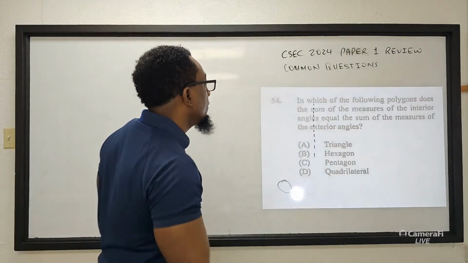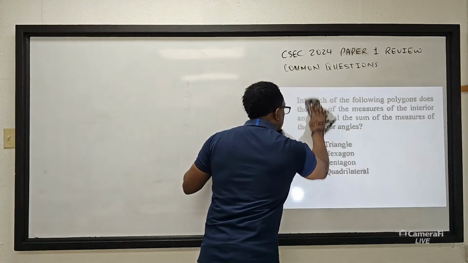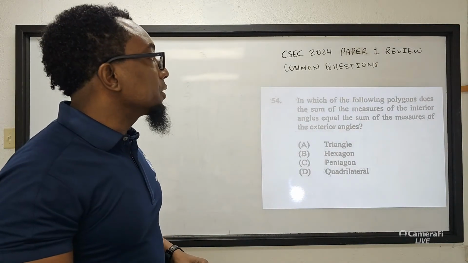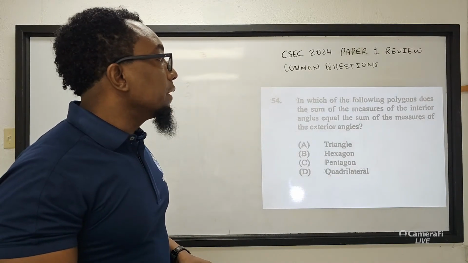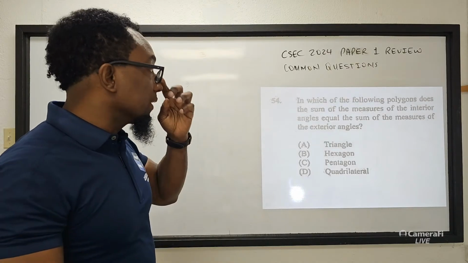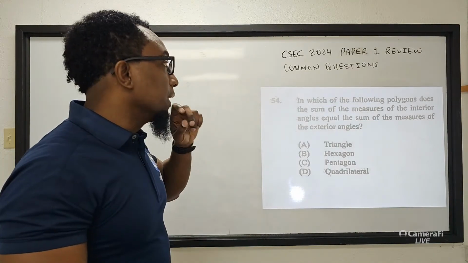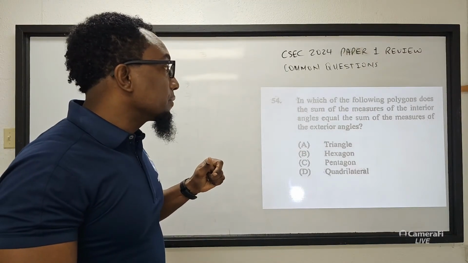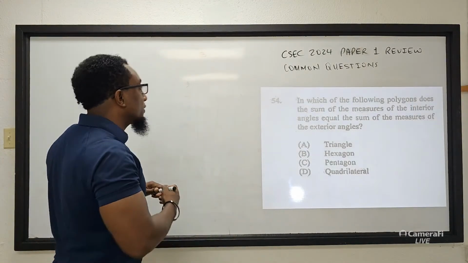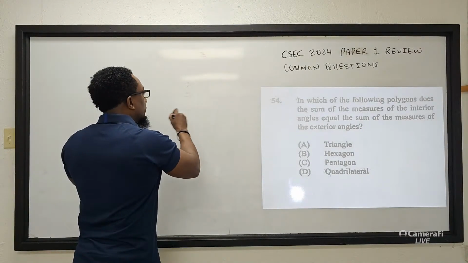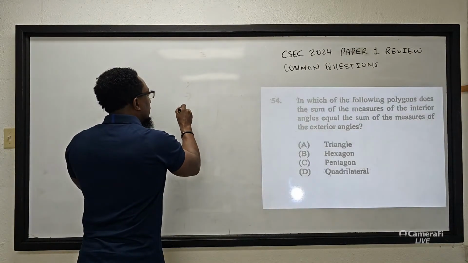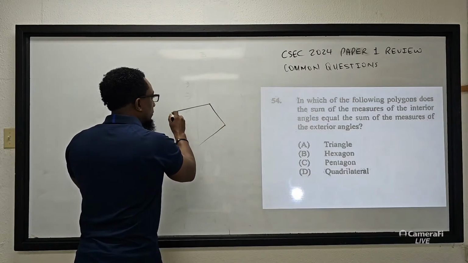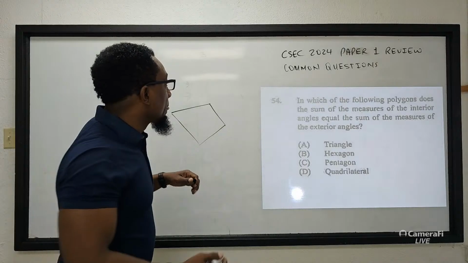Let's look at 54. In which of the following polygons does the sum of the measures of interior angles equal the sum of the measures of exterior angles? Another common question. Again, sometimes we bring some variations to it, but of course the same concept, and that is a quadrilateral, because with a quadrilateral, which is a four-sided figure, we take this for example.